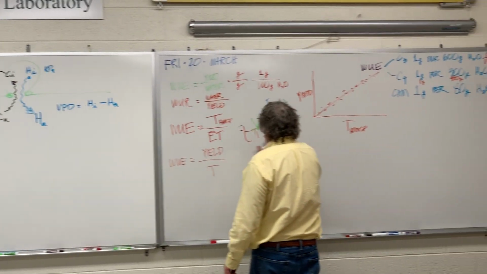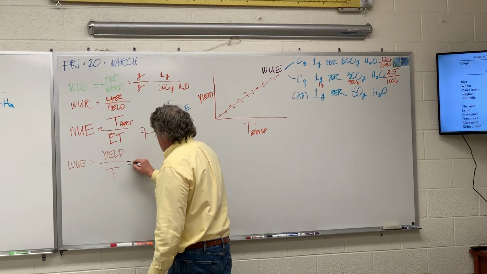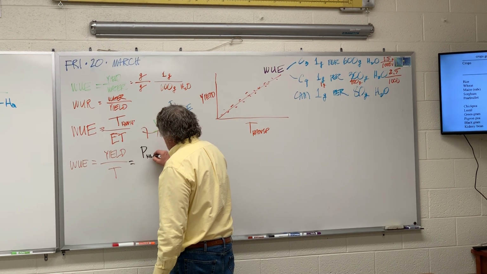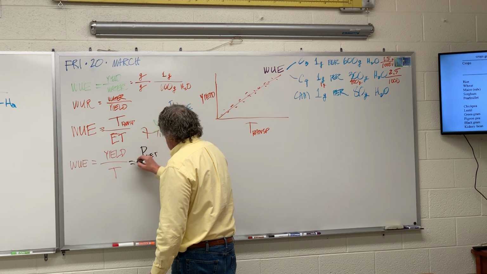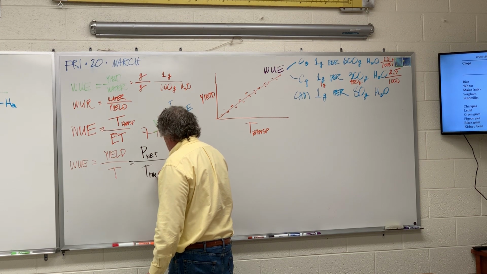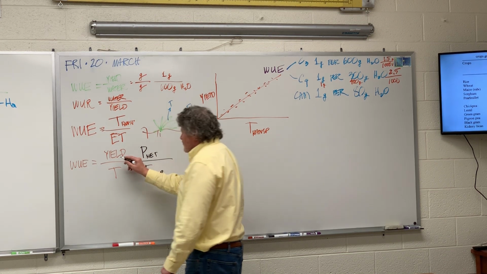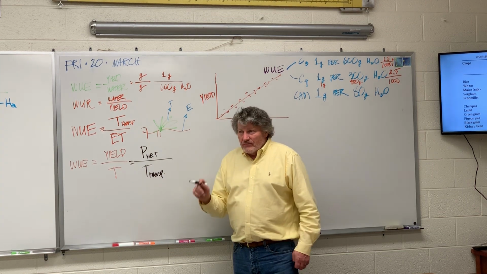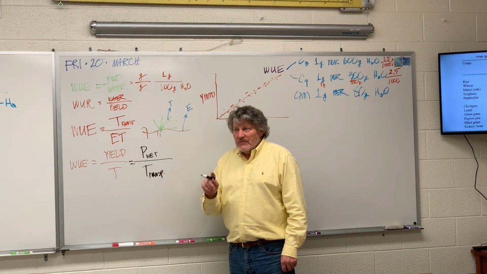We're going to do a little bit more applied. P net over transpiration. P net leads to yield. So this ratio is water use efficiency.